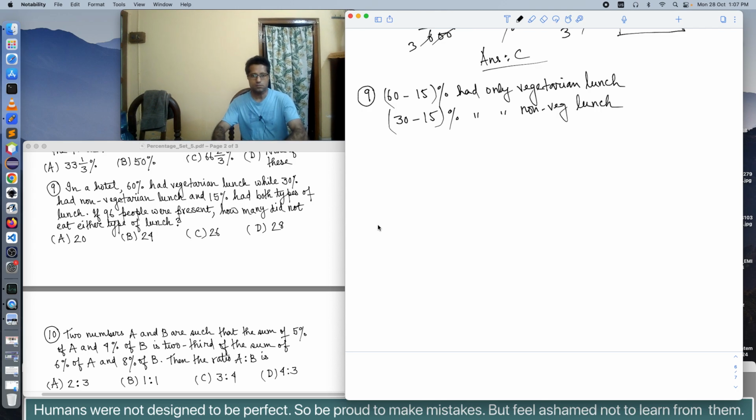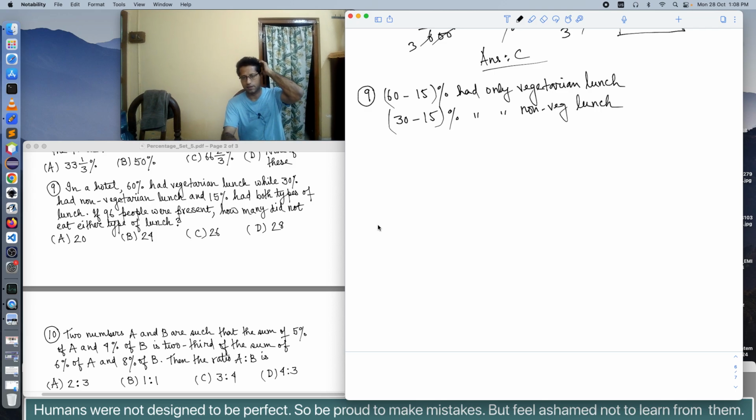Now, in the hotel, there can be 4 kinds of people. One who had only vegetarian lunch, another who had only non-vegetarian lunch, another who had both non-vegetarian and vegetarian lunch, and finally the last kind who did not eat either type of lunch.